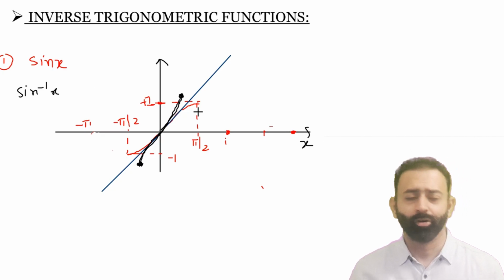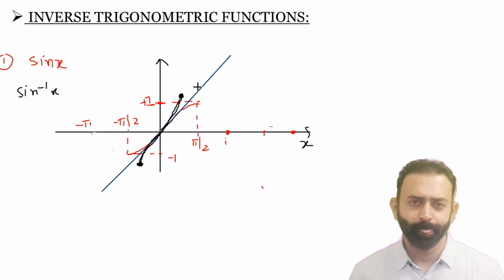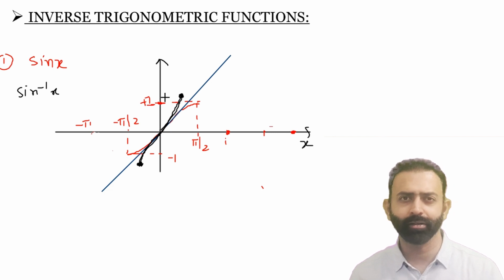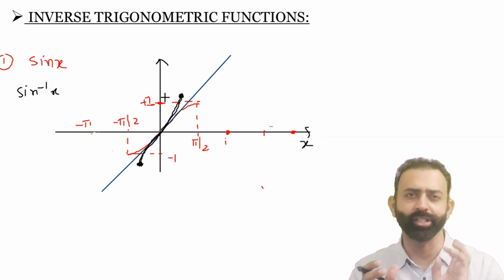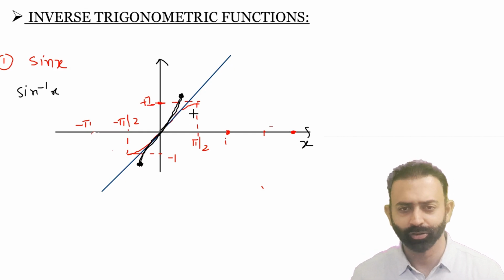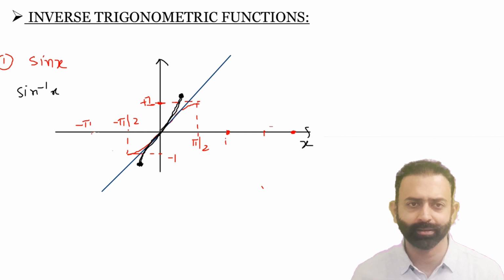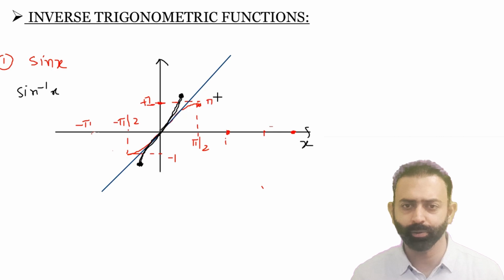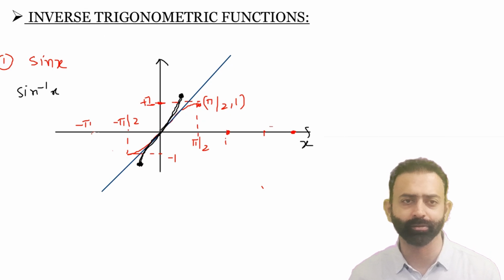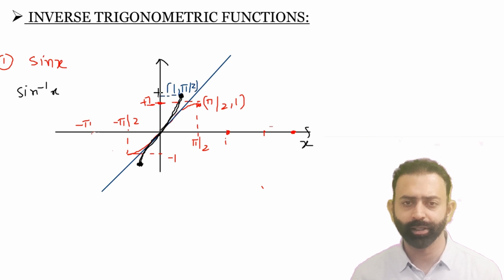Now, what are the coordinates of these endpoints? As we knew from the last lesson, when we take the mirror image of any function in the line y equals x, the coordinates interchange. X becomes y and y becomes x. So if this point is pi/2, 1, the counterpart of this point is this one, so its coordinate will be 1, pi/2.